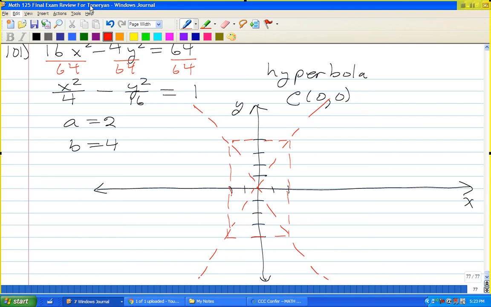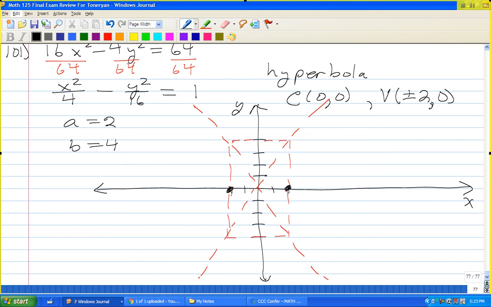And so the x is positive. Therefore, the vertices are located here at plus or minus 2, 0. And the foci are also located here at plus or minus, what is it? That's 2 rad 5.